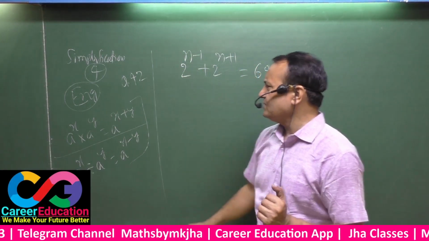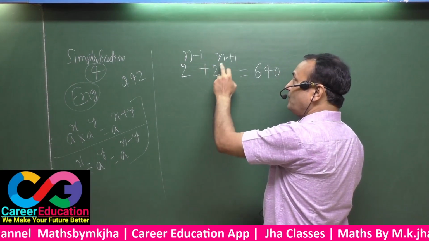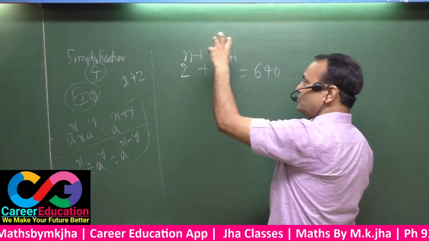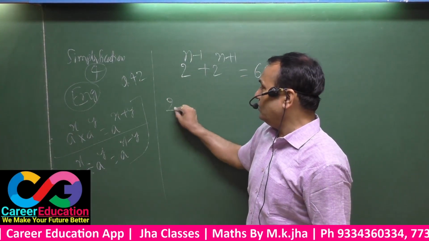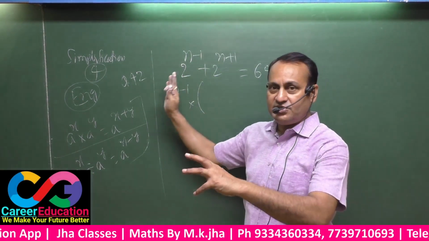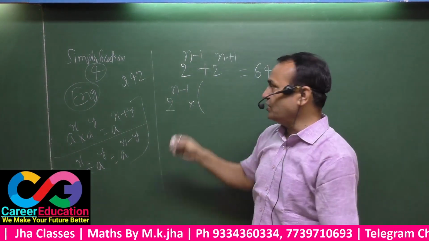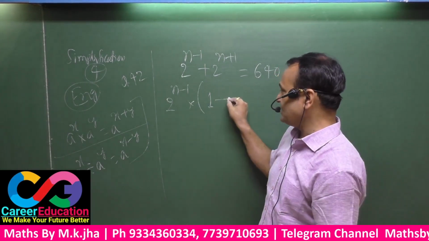That means here 2 power n minus 1, here 2 power n plus 1. That means this is smaller, this is bigger. Now if you take 2 power n minus 1 as a common factor, this term is totally taken as common. Certainly in place of that, in the bracket there will be only 1 plus.